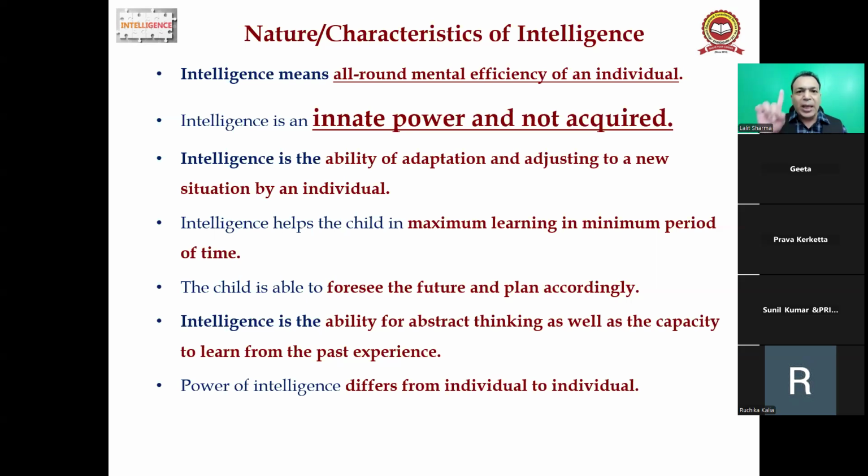If you know the child completely, the behavior of the child, to whom you are going to teach, the mental level of the child, aptitude level, attitude, growth and development, intelligence level, and learning pattern of the child, if you know.